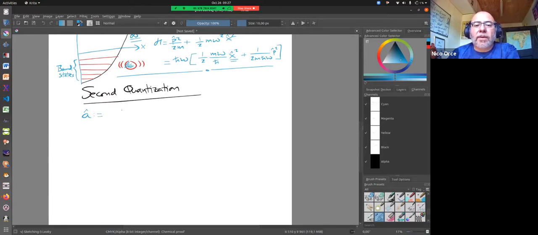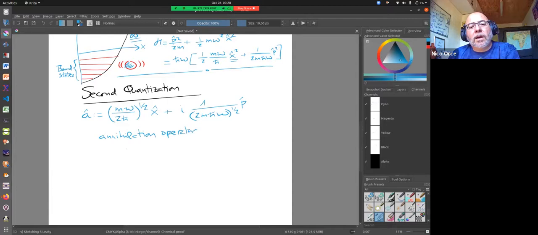It's going to be equal to the square root of m omega over 2 h bar, times x plus i times 1 over m omega p. This is going to be called the annihilation operator, or destruction operator, or lowering operator.